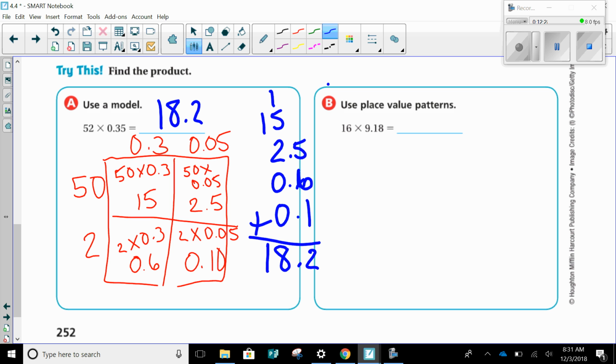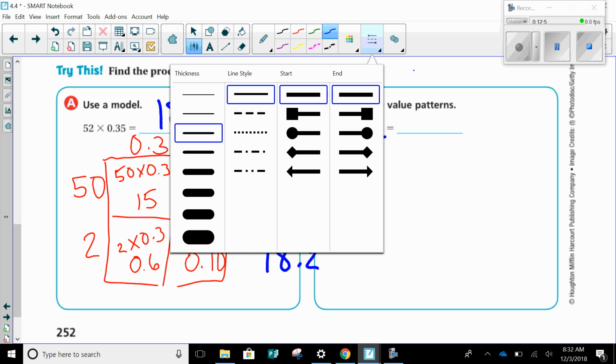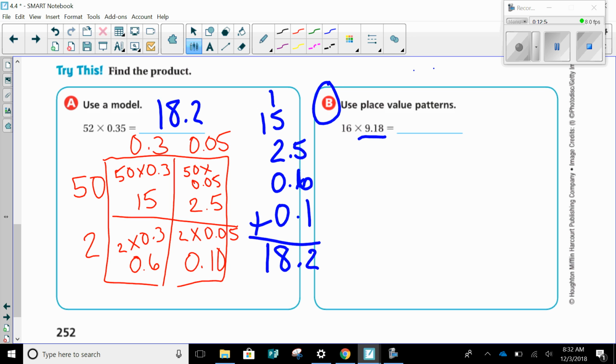So the other way that we can do it, we're going to look over here, is to use place value patterns. Right, to use place value patterns, I have to make, remember I have to make both my numbers whole numbers. So if I make 9 and 1800ths a whole number, remember that just means I move the decimal point over.